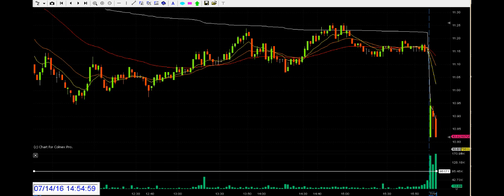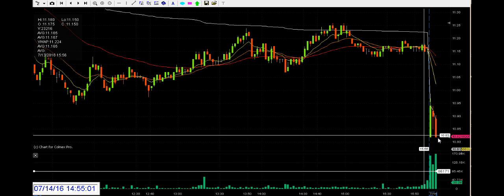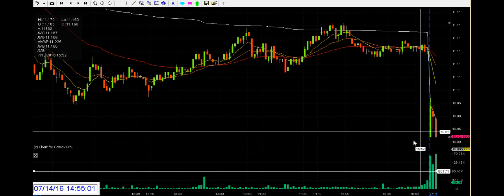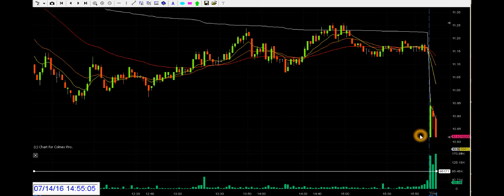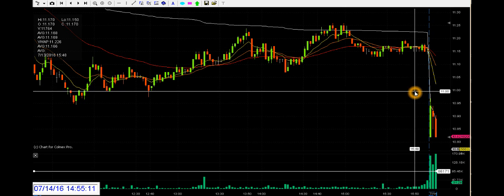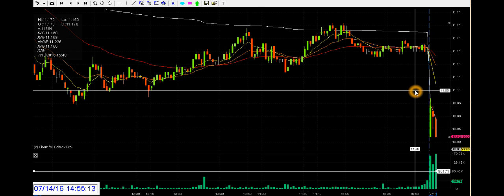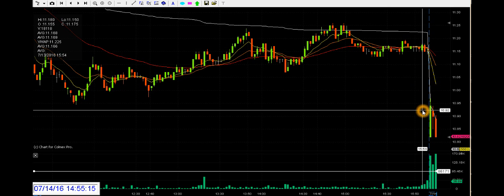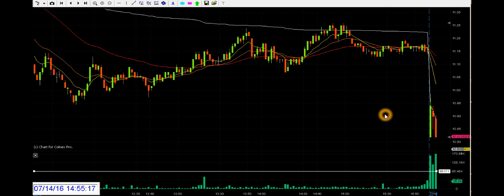As we see on the daily chart, 10.80, 85, this area right here is pretty psychological. So if we lose that support, we will have a really nice risk benefit ratio. 10 cents of stop and maybe 20 for target. So 10.70 or 60 is going to be my first target.